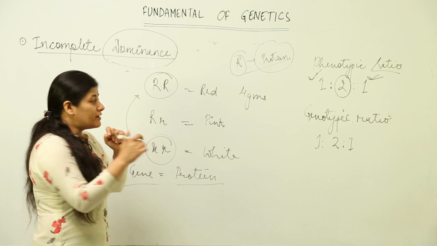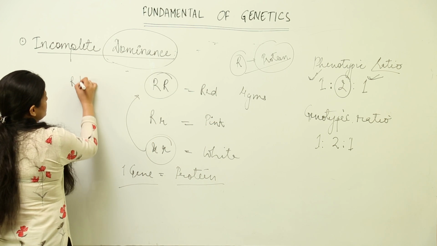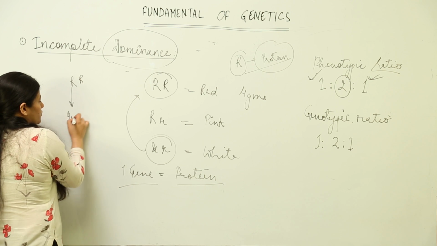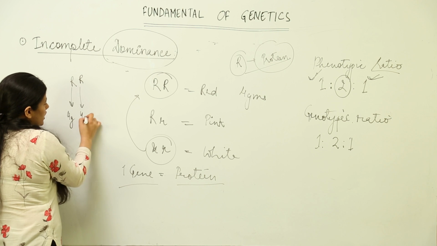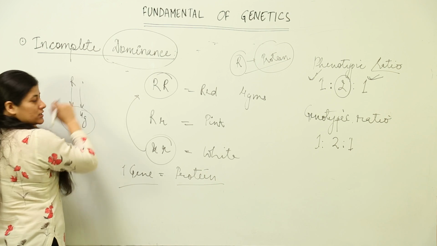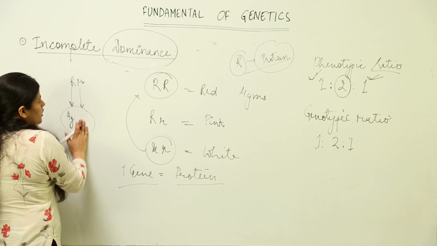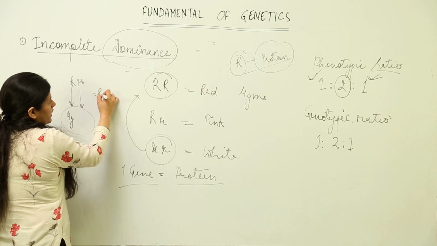In the condition of complete dominance, out of the dominant paired allele, this allele is also producing 4 grams and this would also be producing 4 grams. So, whether it is present singularly or in pair, it is going to produce 4 grams and red color would be achieved.